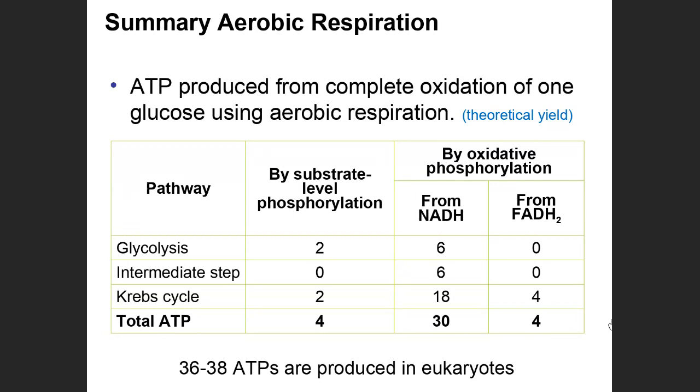So why the difference? 3 ATPs from NADH, 2 ATPs from FADH2, but they're both donating electrons to the transport chain, so why don't you get the same number of ATPs?